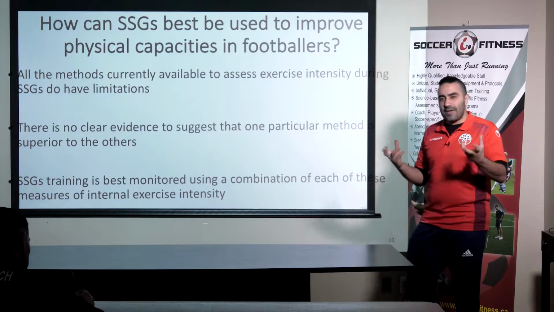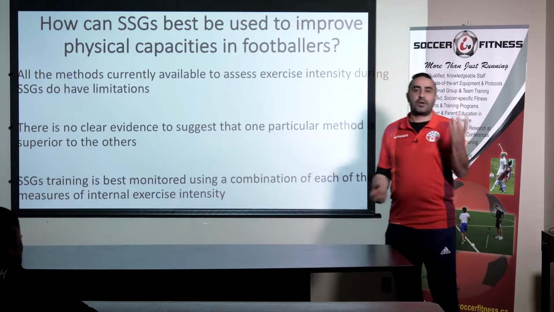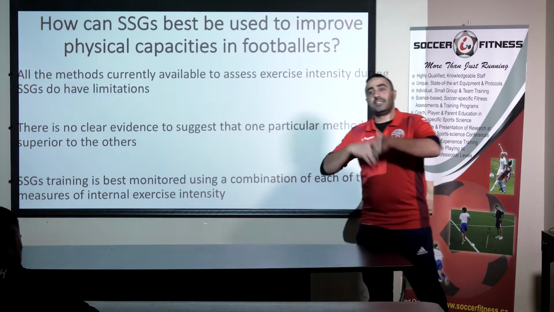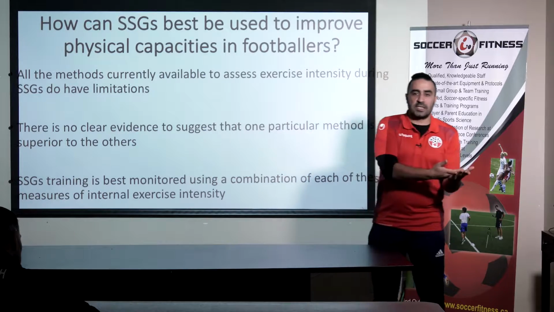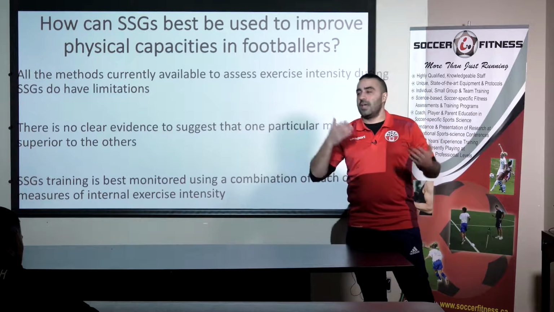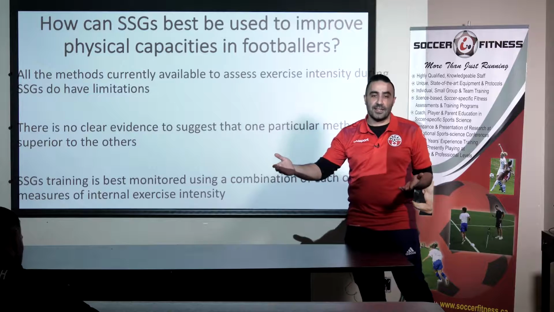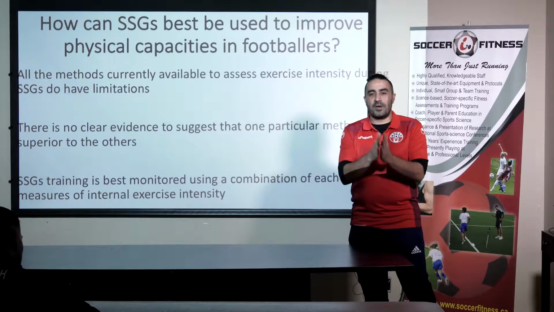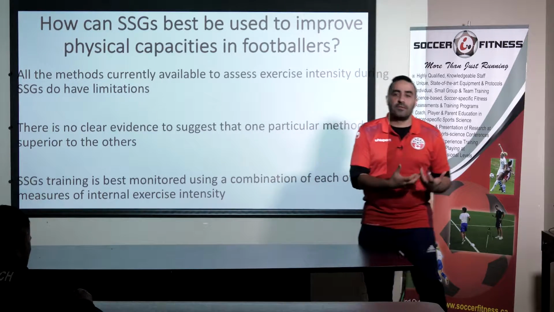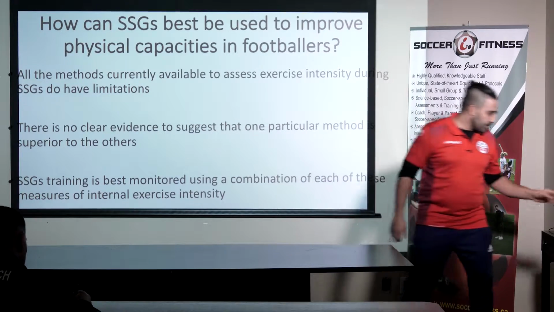But there's no clear evidence to suggest that one is superior to the other. So therefore, the ideal situation is start with the scale, get the heart rate monitors, and if you have a lab, then get the blood lactate, right? But other than that, the heart rate monitor and the RPE are very, very powerful together.